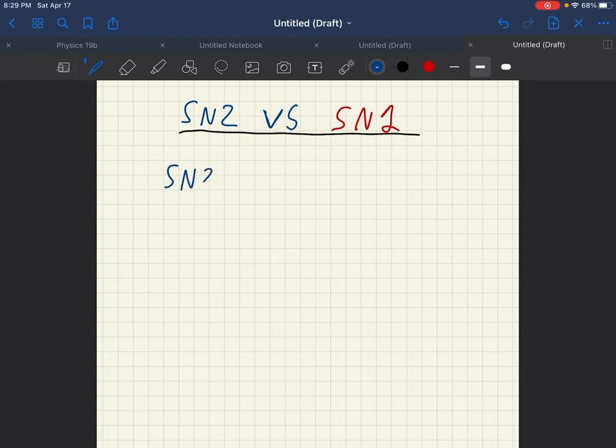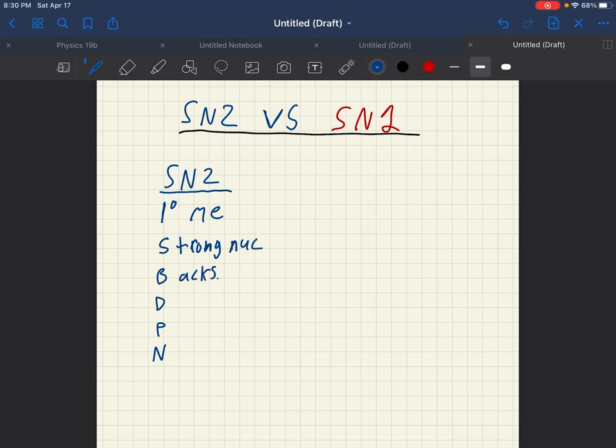So for SN2, I know that SN2 likes primary and methyl. SN2 likes a strong nucleophile.